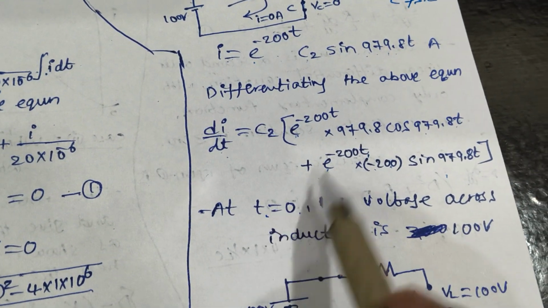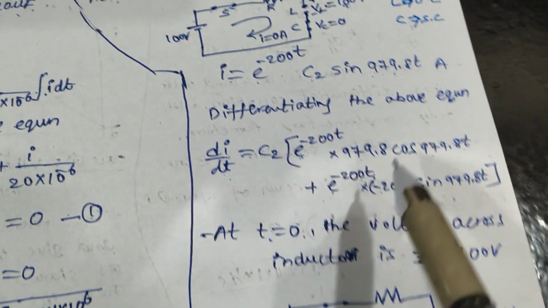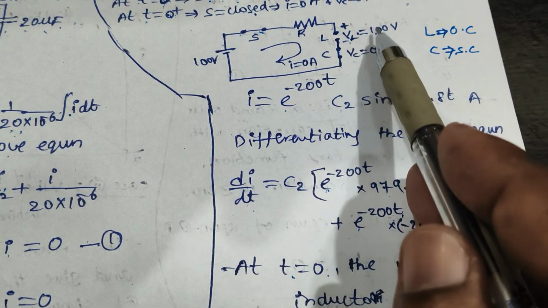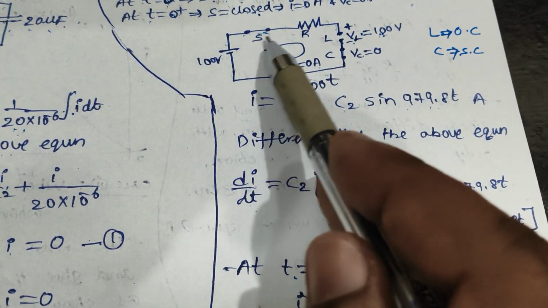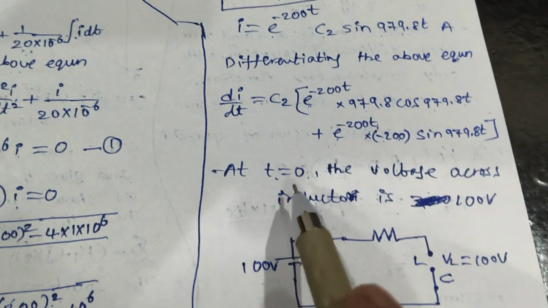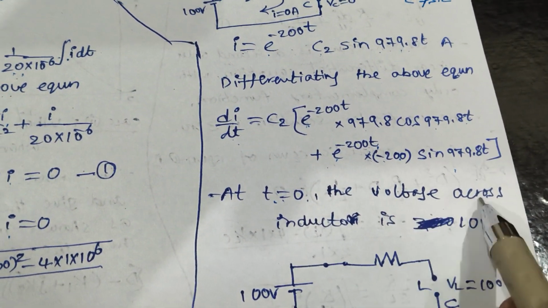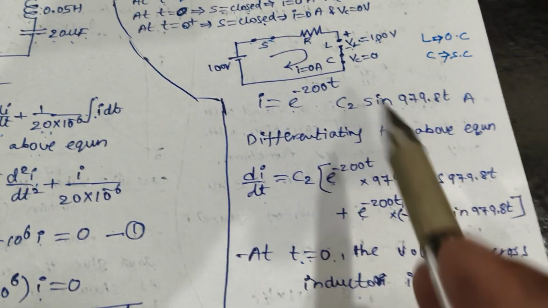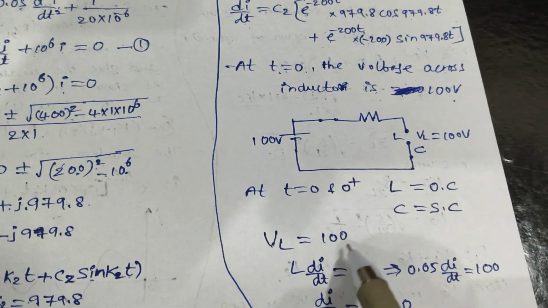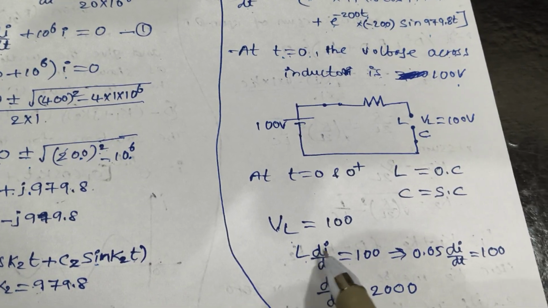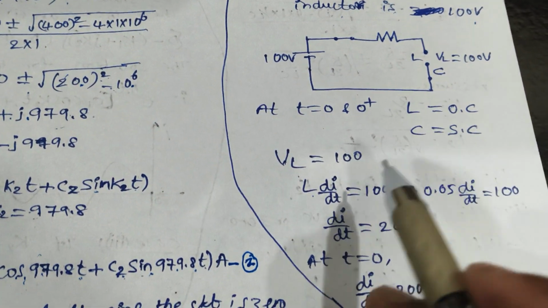I'll substitute t is equal to 0 in this equation, because the di by dt gives the equation VL is equal to 100 volts at t is equal to 0 only. If I substitute t is equal to 0, the voltage across the inductor is 100 volts. This is what I've told. VL is equal to L into di by dt.